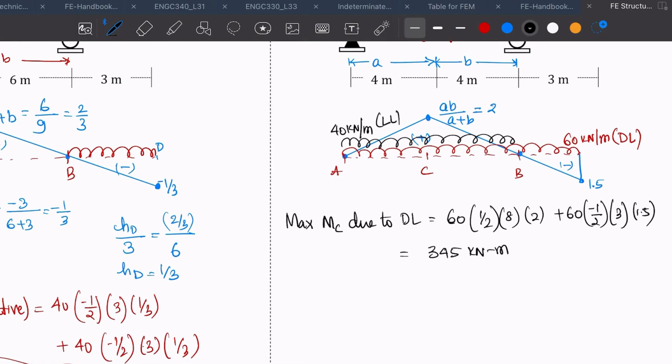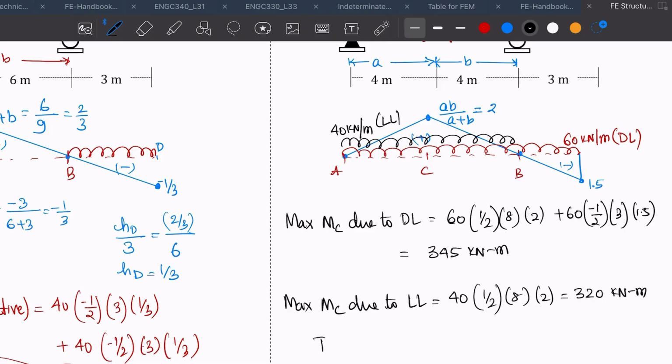And then maximum moment at C due to live load will be equal to 40 into half base into height, which is equal to 320 kilonewton meter. And for your total maximum MC positive, it's going to be 320 plus 345, and that will give you 665 kilonewton meter.